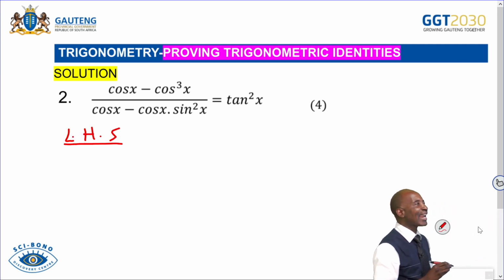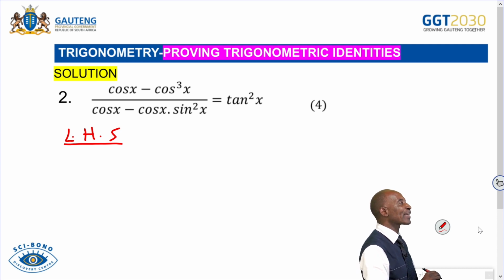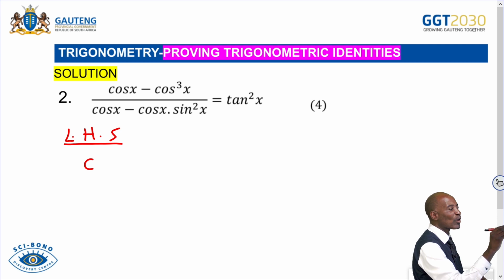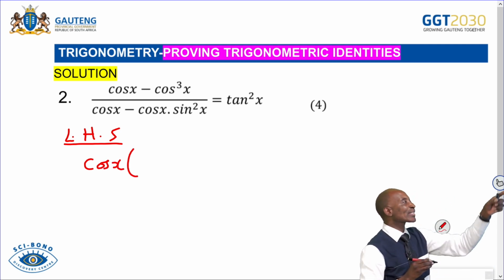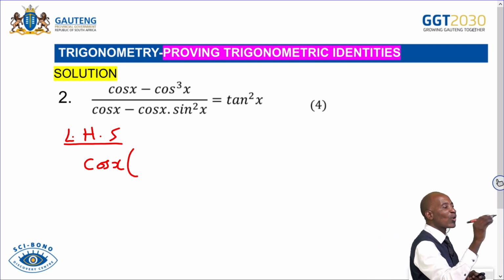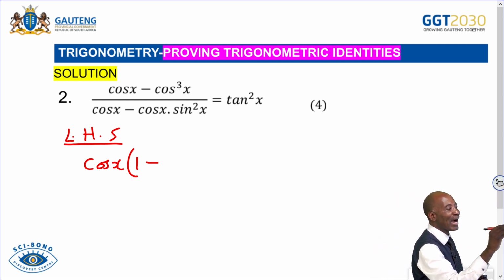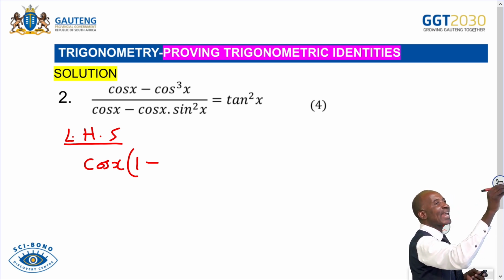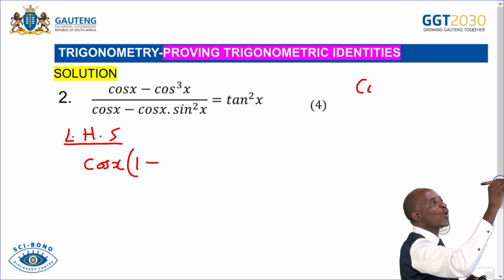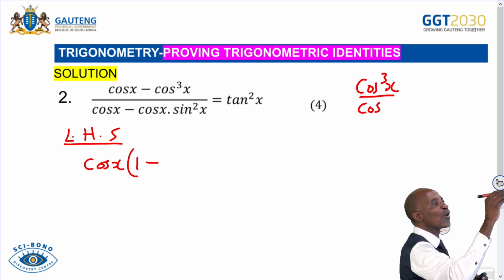Then I realize on the left-hand side there is a common factor in the numerator. That common factor is cos. So I'm going to say cos x, then open brackets. As cos x jumps out, you divide. Cos x divided by cos x, you get a 1, minus cos cubed x divided by cos x.